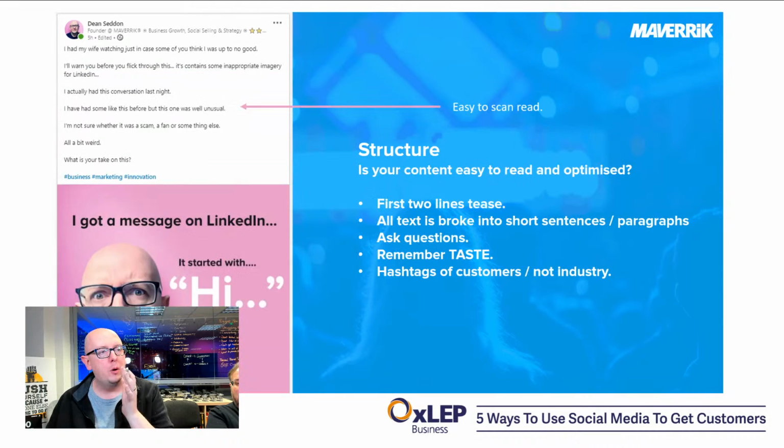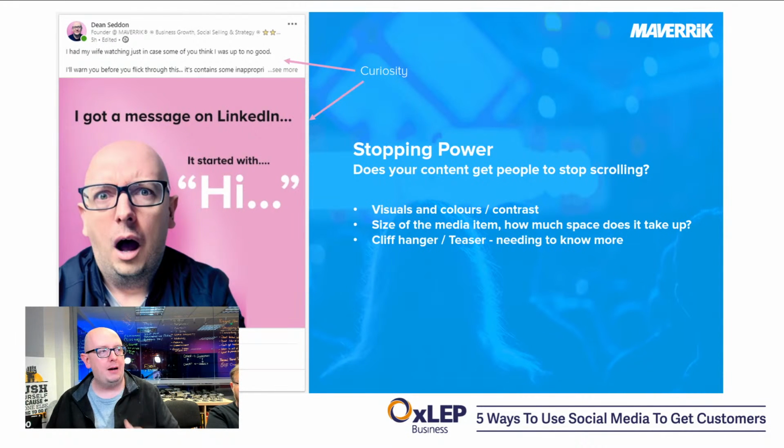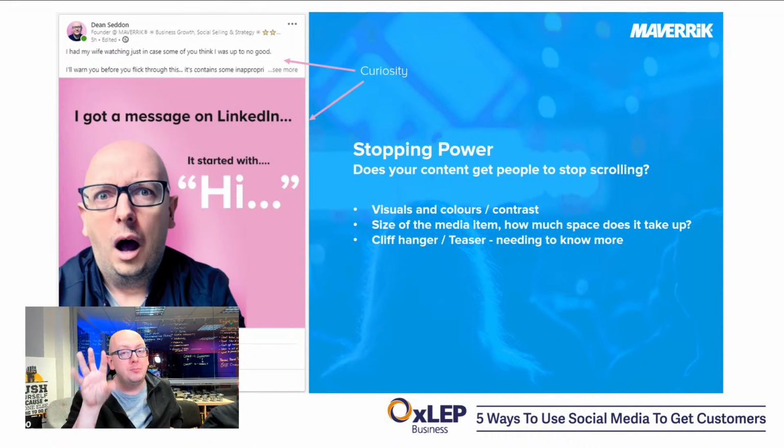So now we come to point number 2, stopping power. Now on Facebook it's more than the first two lines, but on LinkedIn it's the first two lines. Those first two lines, whatever text is above the see more or read more, has to create curiosity. That's the first thing it has to do, create curiosity.